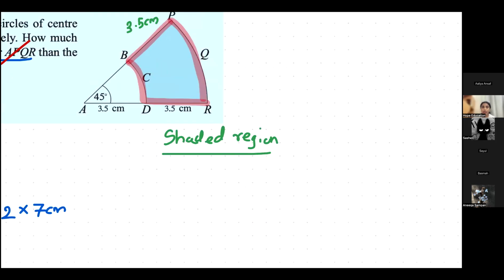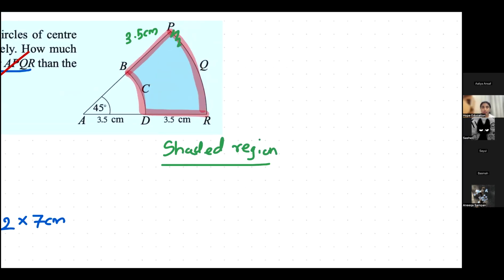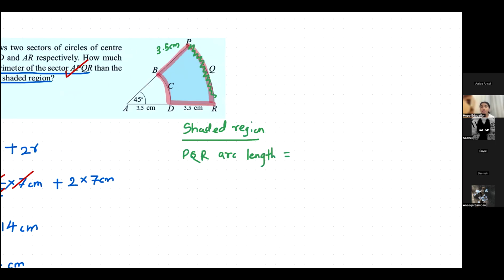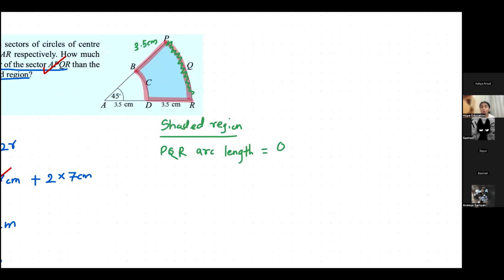First I will find this arc, the arc PQR. I'm going to find the arc length. So you know how to find arc length. There is a formula, theta over 360 multiplied by 2 pi r.